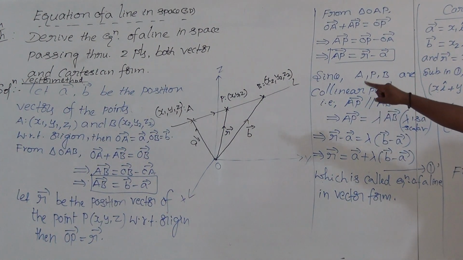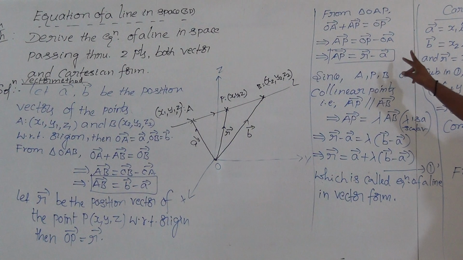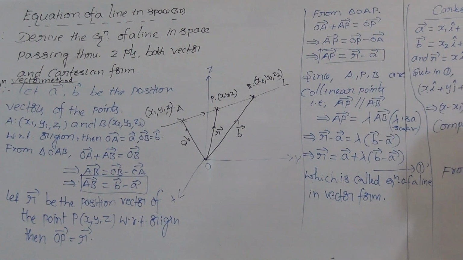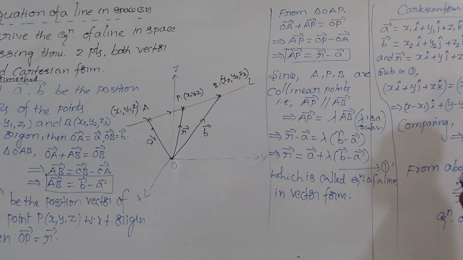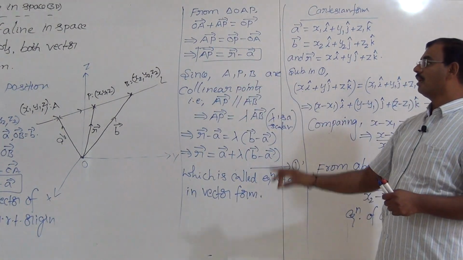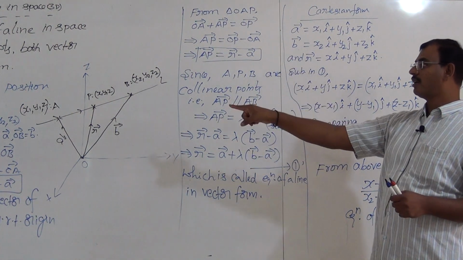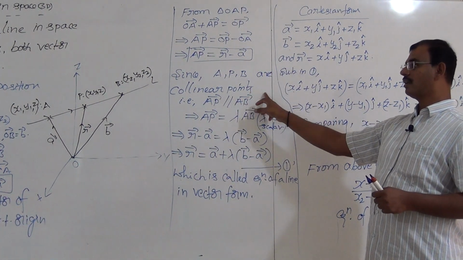Now observing triangle OAP, using the triangle of vector addition, AP vector is equal to R vector minus A vector. Now what do we observe from the diagram? A, P, B are collinear points. It means AP vector is parallel to AB vector.